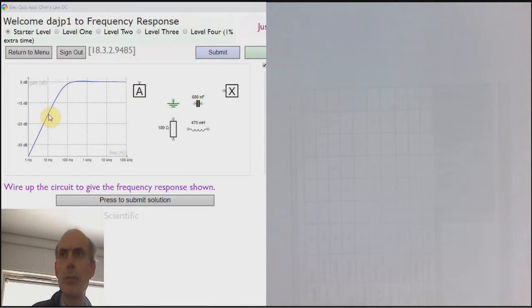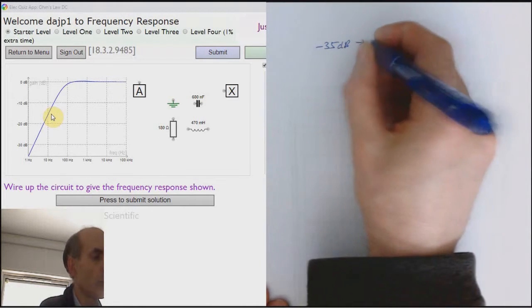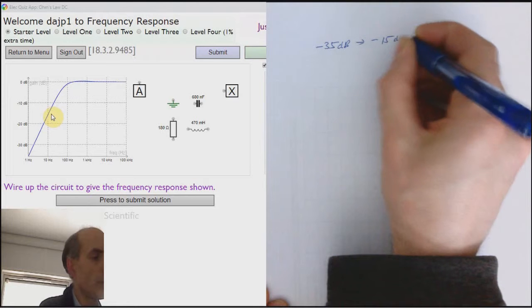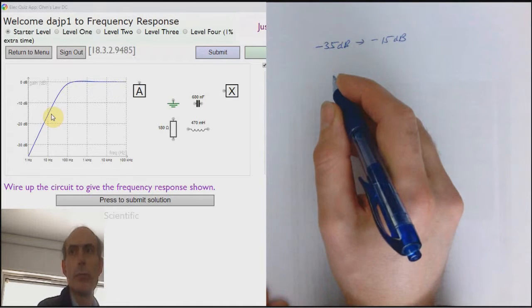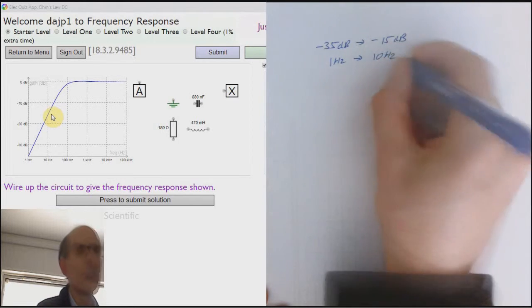And at 10 Hertz, it's close to minus 15 dB there. So we're going from minus 35 dB to minus 15 dB when we go from 1 Hertz to 10 Hertz.